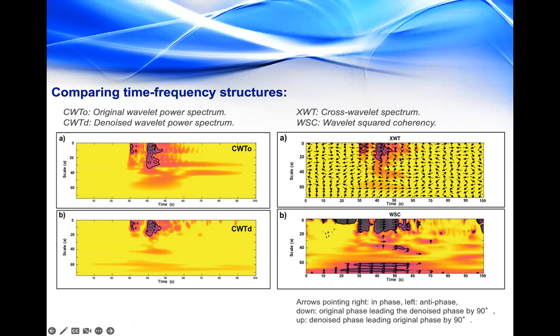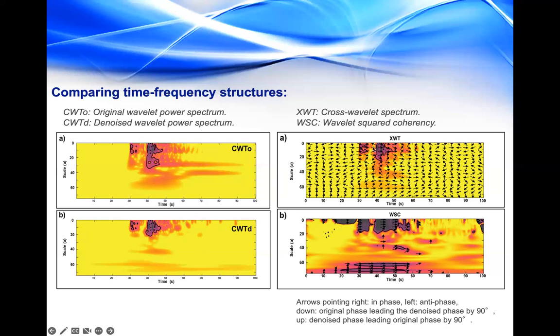The cross wavelet transform basically highlights the regions in the time-frequency spectra where two spectra have high common power and represents their local relative phases with these arrows, while the wavelet coherency shows the regions where the two spectra co-vary but not necessarily have high power, and is equivalent to localized cross-correlation in time-frequency space.